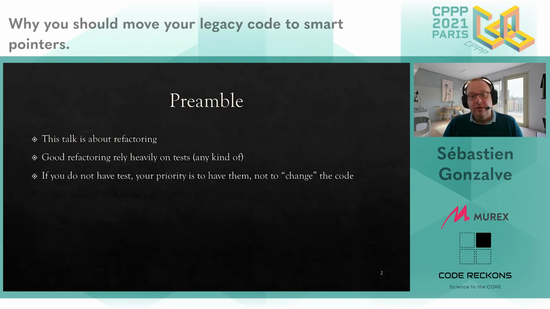So if you have no tests right now, your priority is probably not to try to refactor anything, nor to listen to what I will say later on using smart pointers, but maybe you should focus on adding unit tests to your code.